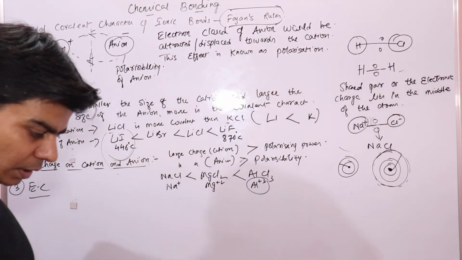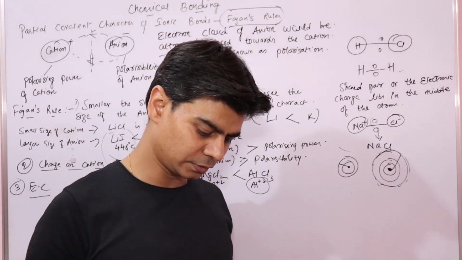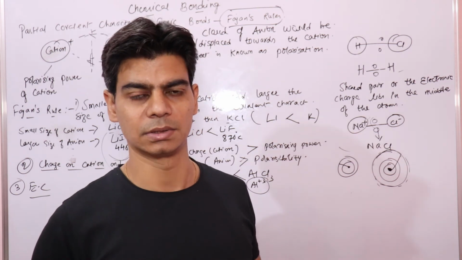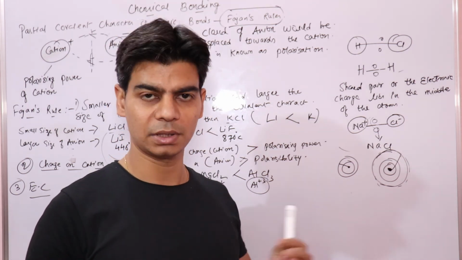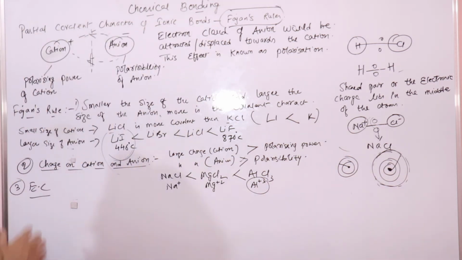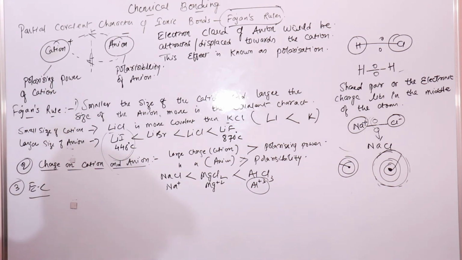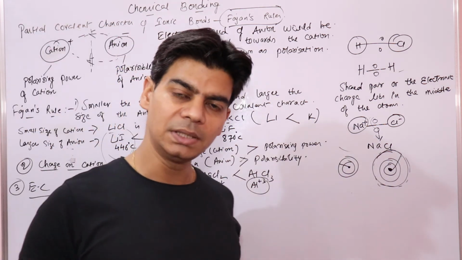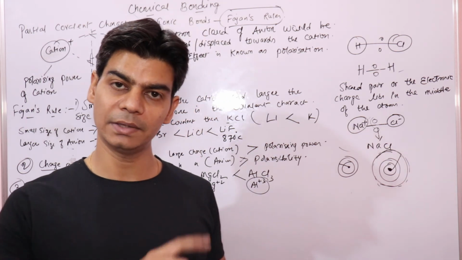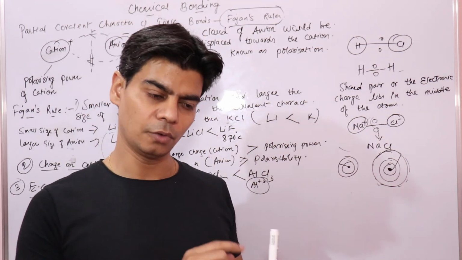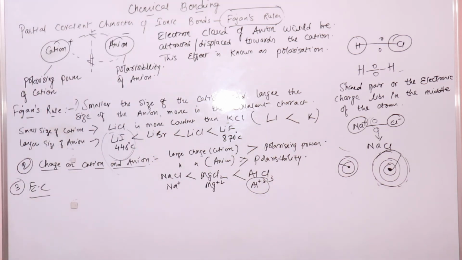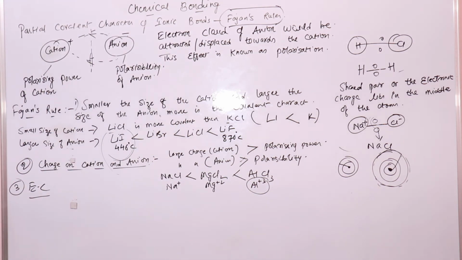The transition elements, like copper, that have filled d orbitals have high polarizing power compared to elements like those of alkali or alkaline earth metals that have electronic configuration of ns2 np6 type.